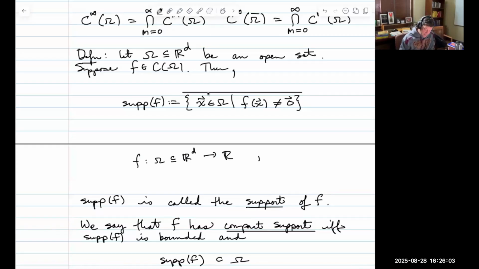What does it mean if I say that function is a continuous function from that set omega into R? Well, one of the definitions that's most convenient in this case is what we call the sequential definition of continuity. It means that if I have any sequence x_n converging to x, then the sequence f of x_n converges to f of x.